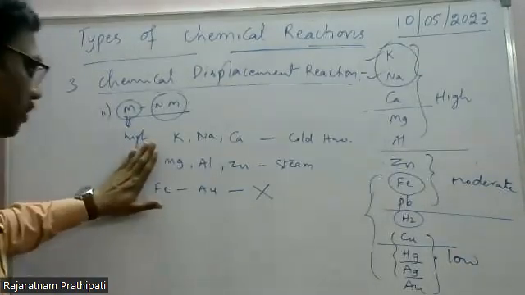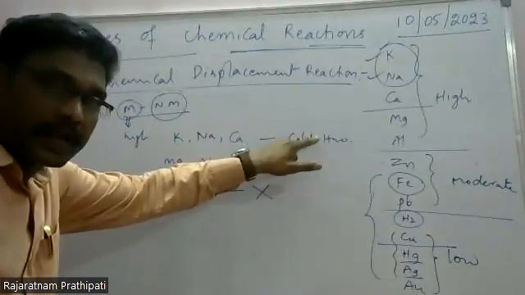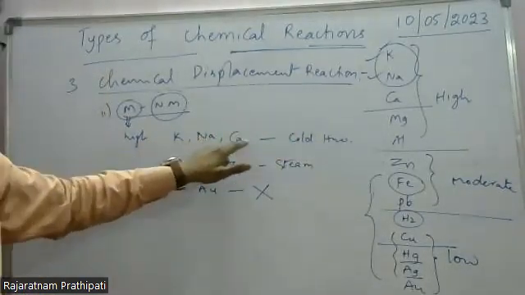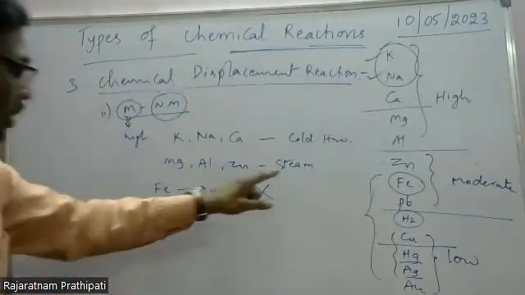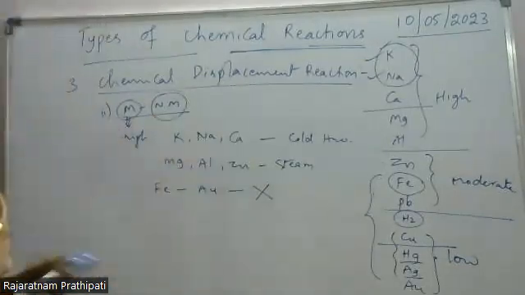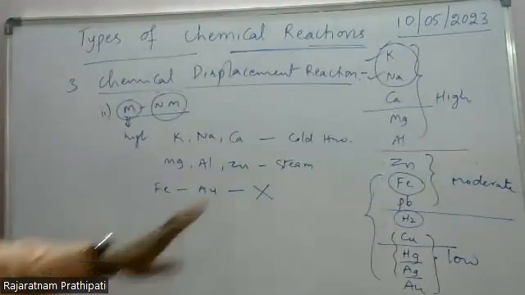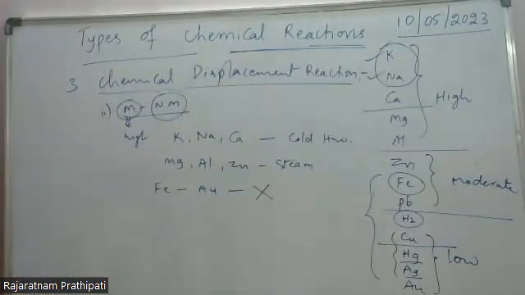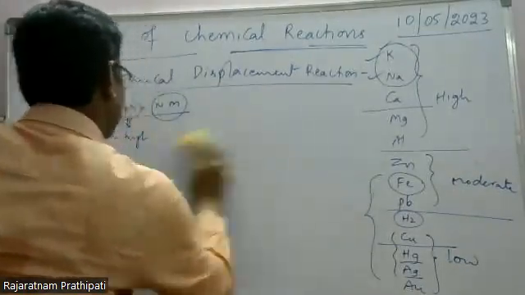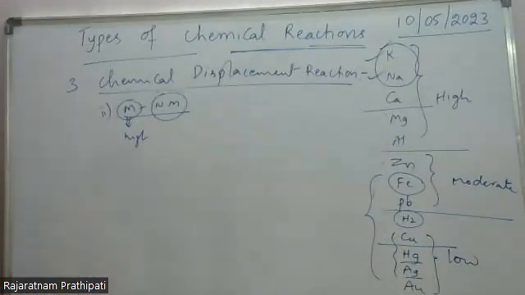Very important points now. Cold water, hydrogen can be displaced by these three metals: potassium, sodium, calcium. From steam, magnesium, aluminum, and zinc. From iron onwards, there is no displacement reaction from water or steam. Is it clear? Next, in the case of cold dilute acids.